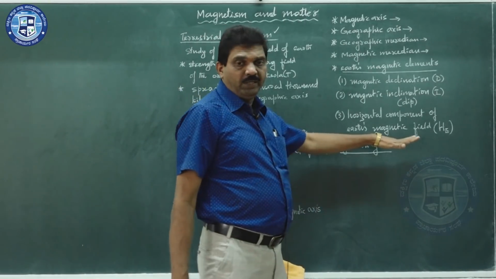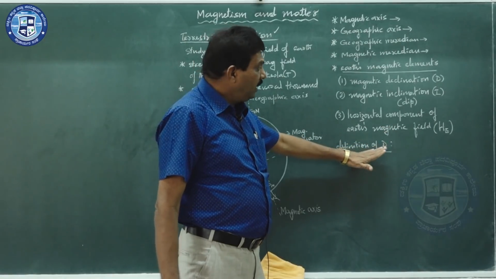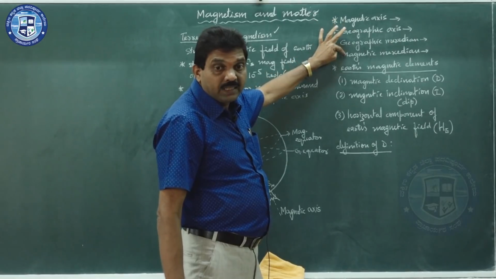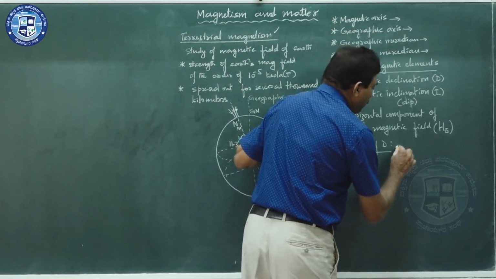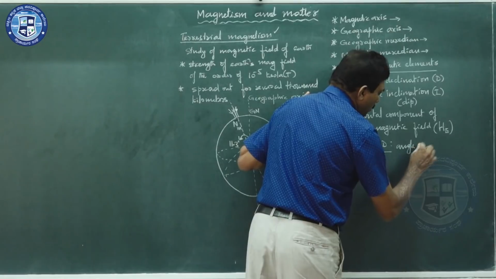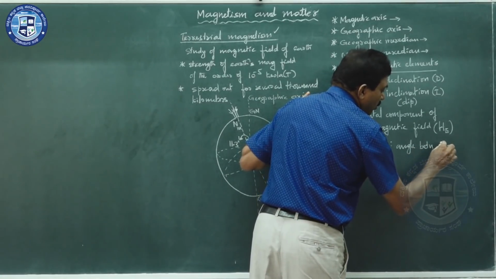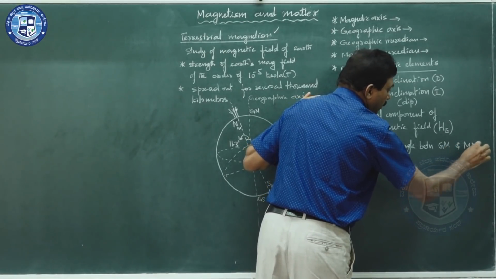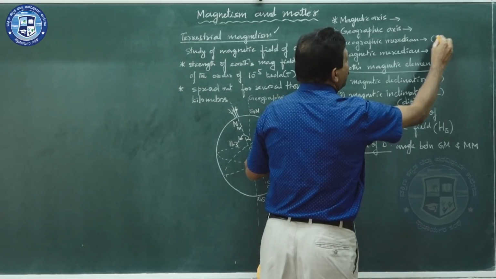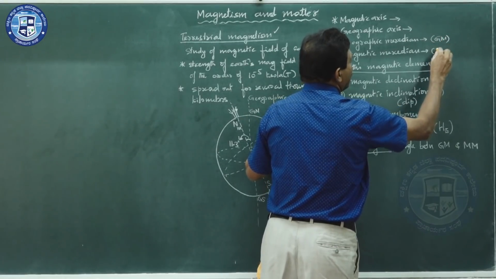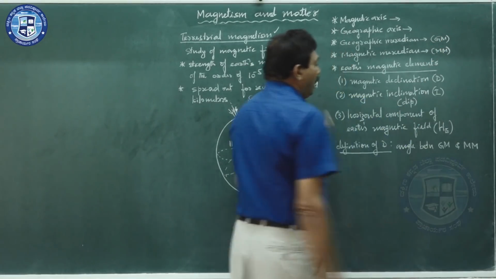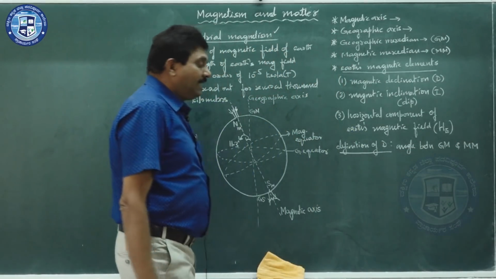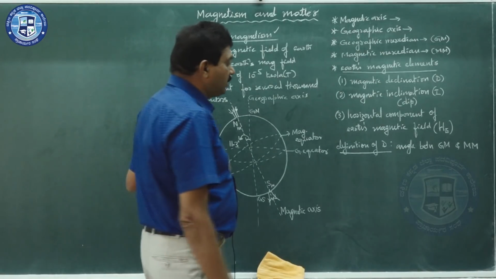Declination is the angle between the geographic meridian and magnetic meridian. I will consider here, this is geographic meridian, this is magnetic meridian. Angle between geographic meridian and magnetic meridian is called declination, and it is denoted as D.